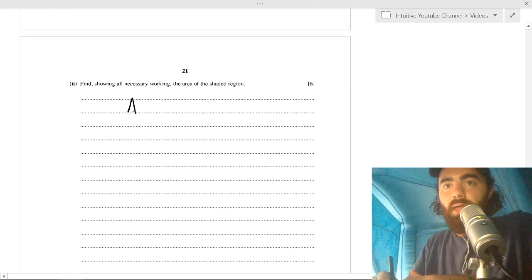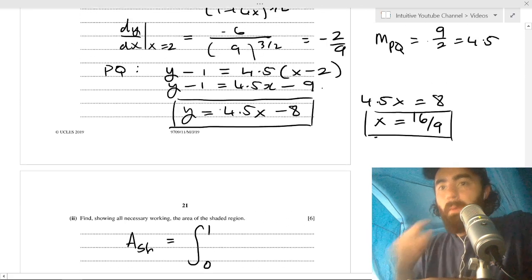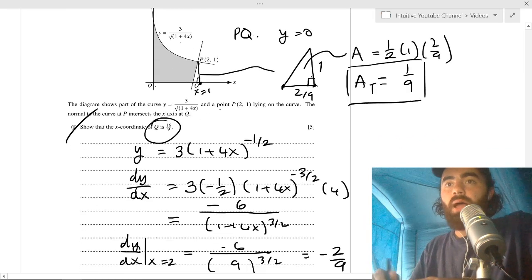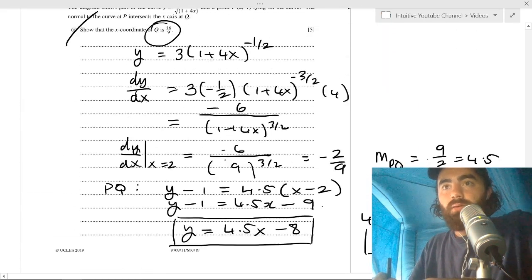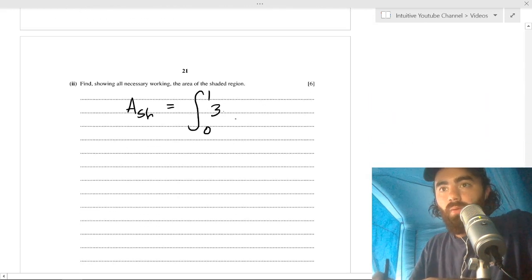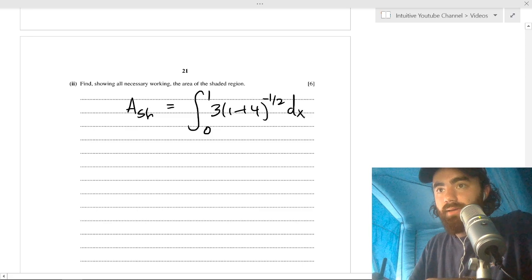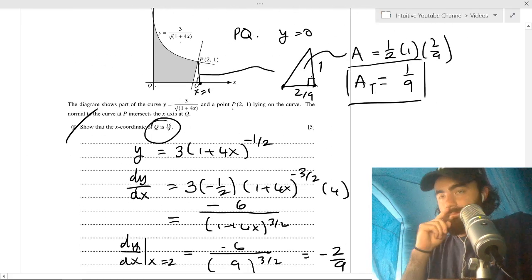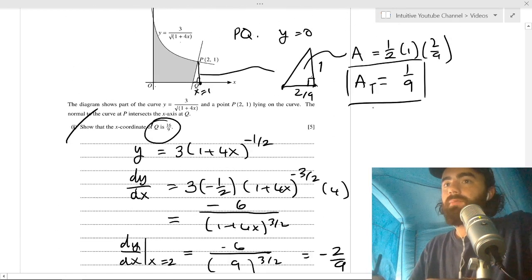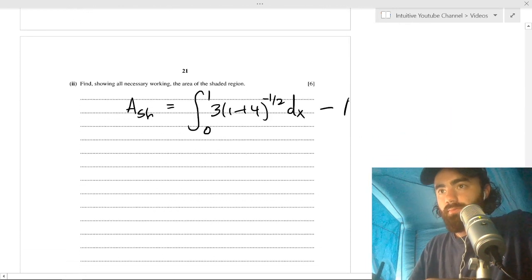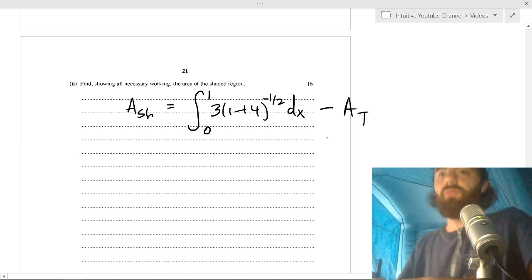So we can say that the area of the shaded region equals the integral between 1 and 0 of this curve, which is 3 times (1 plus 4x) to the negative half, dx, minus the area of the triangle. So that's an expression for the area of the shaded region.